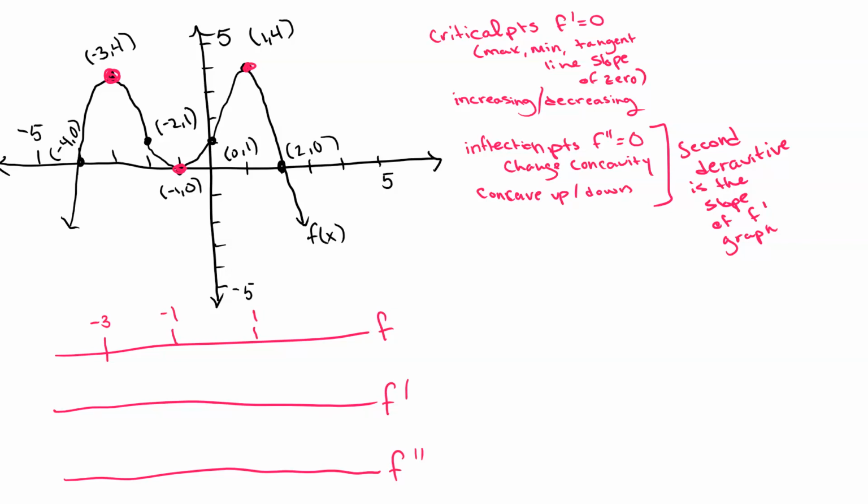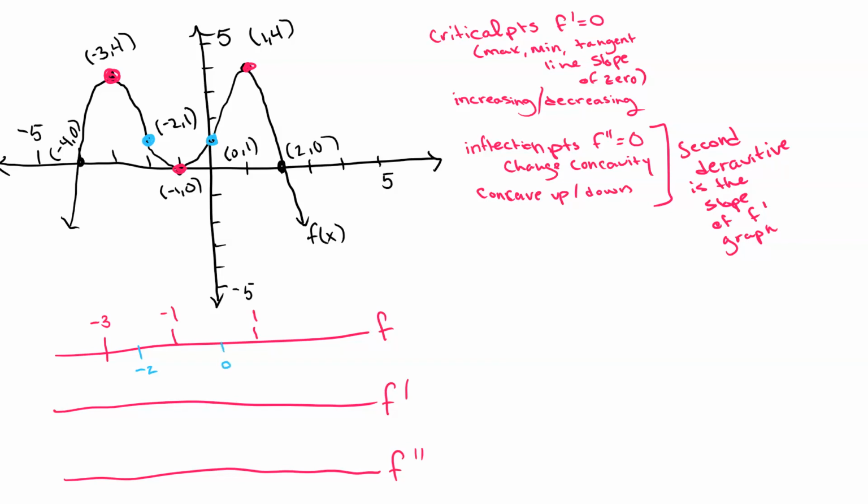And then we have inflection points, because we go from concave down here, right, to concave up here. So we have an inflection point at -2. And another one at 0.